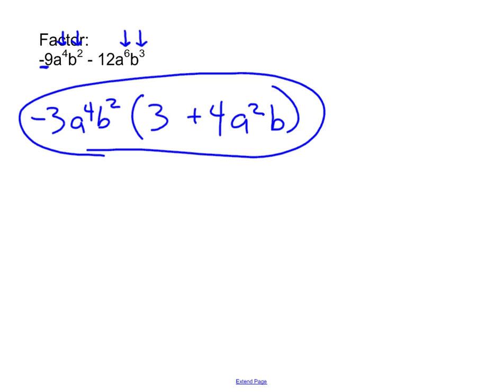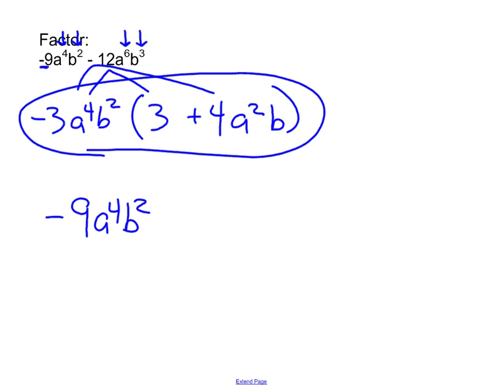That is my answer. So your first job is to find your common factors. What do they have in common? And then you simply take it out and leave what's left in the parentheses. You can always go back and do mountaintops with my answer. If I did the distributive property, I'd get negative 9 a to the 4th b squared for the first mountaintop.